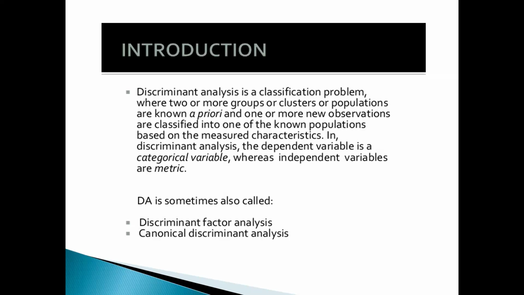In discriminant analysis, the dependent variable is categorical, maybe dichotomous or having more than two categories, whereas independent variables are metric or numeric in nature. Discriminant analysis is also sometimes known as discriminant factor analysis or canonical discriminant analysis.